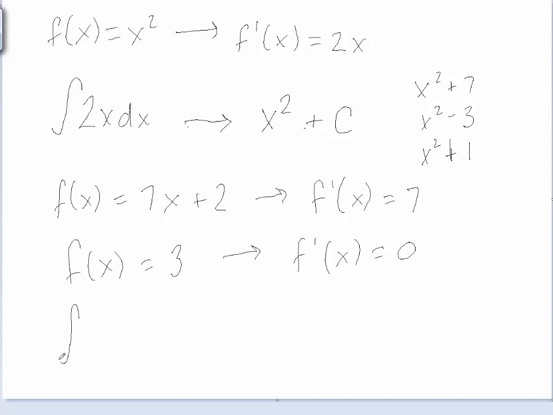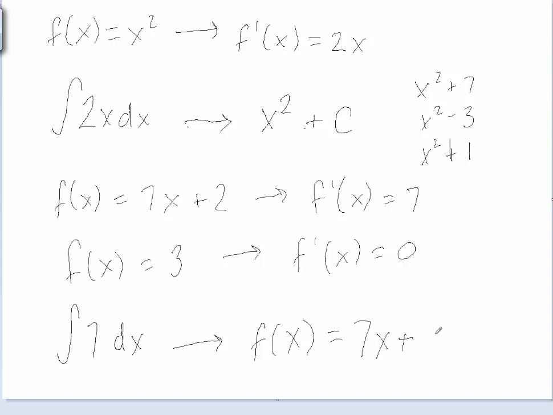So for example, if I had an antiderivative of 7, I want to know what functions have a derivative of 7. And we know that 7x would have a derivative of 7.